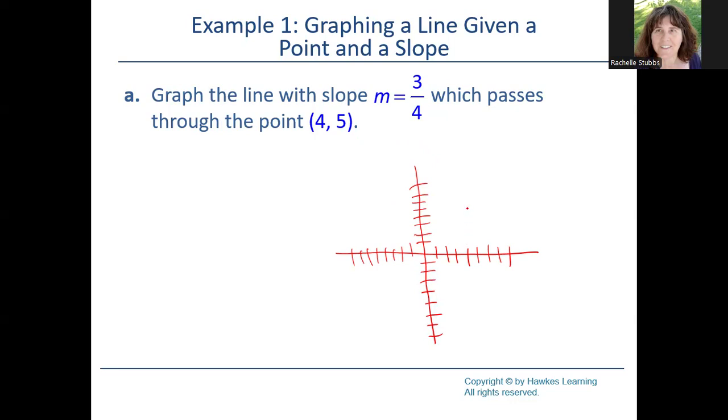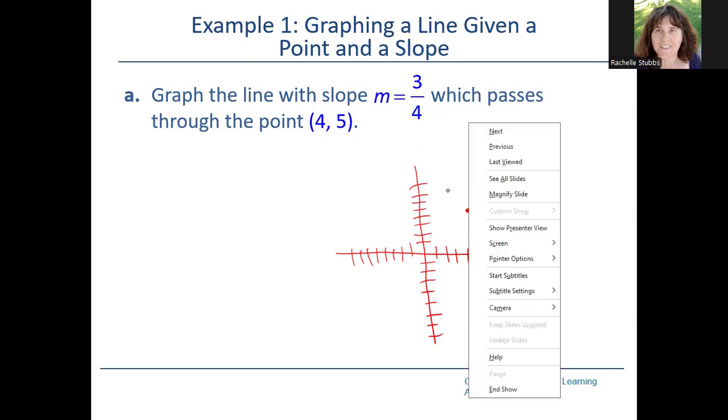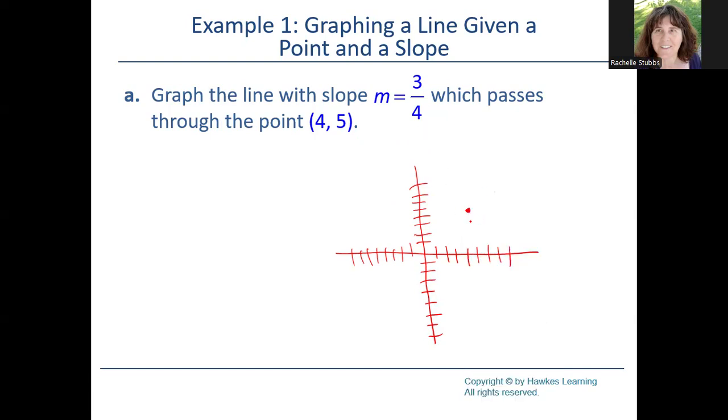So (4, 5) is right here. And then knowing that, from that point, I could just move up 3, 1, 2, 3, and over 4. So it'd be right here.